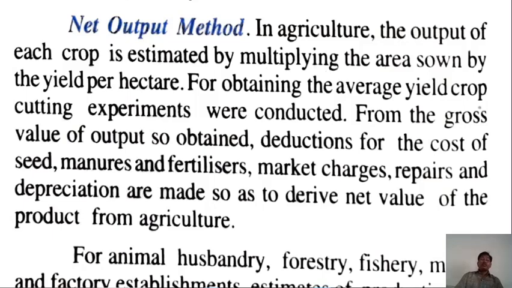From the gross value of output, deductions for the cost of seed, manure and fertilizer, market charges, repair and depreciation are made so as to derive the net value of the product from agriculture. The net output method means the total output minus depreciation is equal to net output. This is the system to implement here.